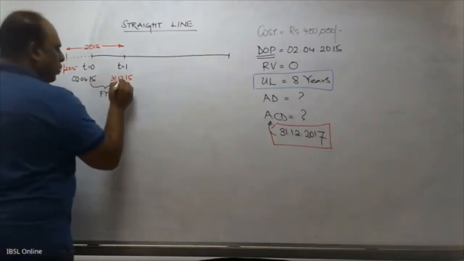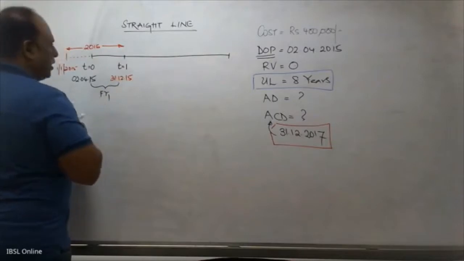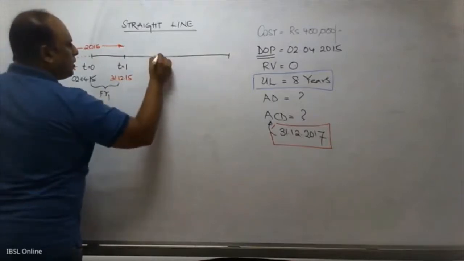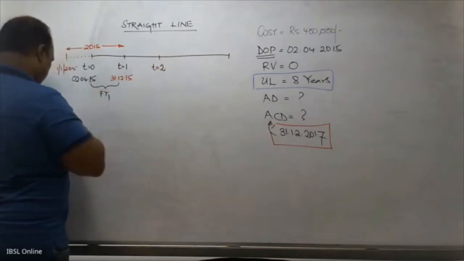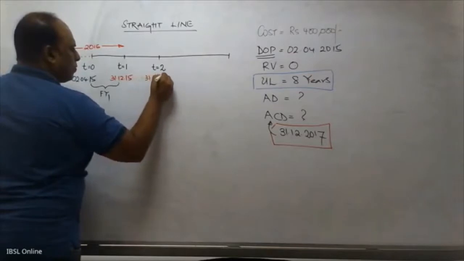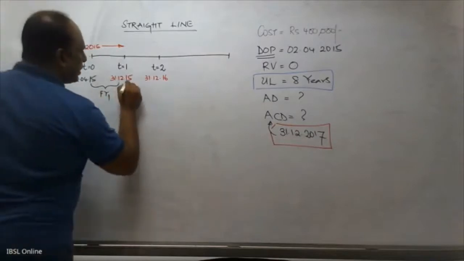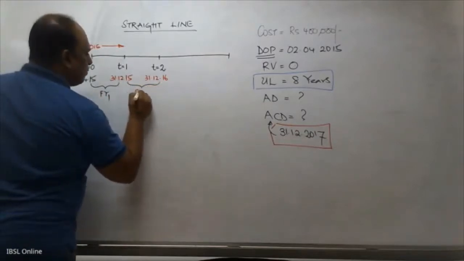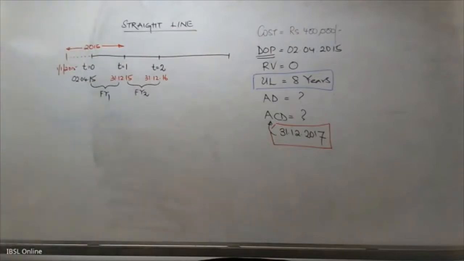That is 1/1/2016 to 31/12/2016. Am I correct? So that becomes your second financial year, FY2.